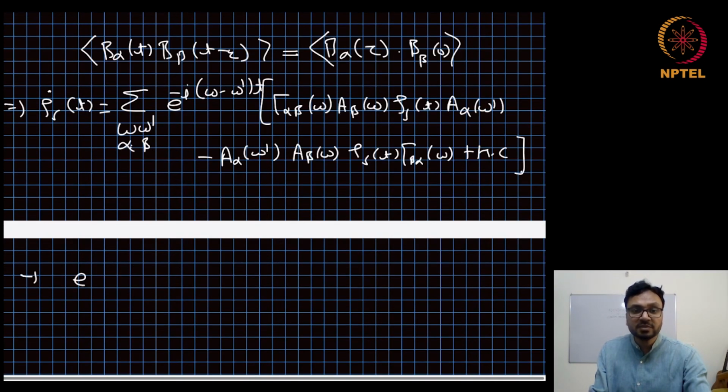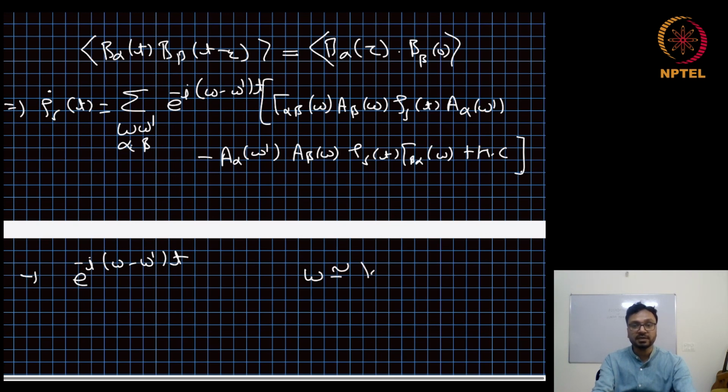Now consider the expression exponential of minus I omega minus omega prime t. This expression depends on the frequency of the system omega and omega prime and the time of evolution t. So if the frequencies are optical frequencies, let us say omega is 10 to the power 14 to 10 to the power 15 hertz, and omega prime is also of the same order, but the time of the evolution is typically a nanosecond or a picosecond, so it's between 10 to the minus 10 to 10 to the power minus 9 seconds.